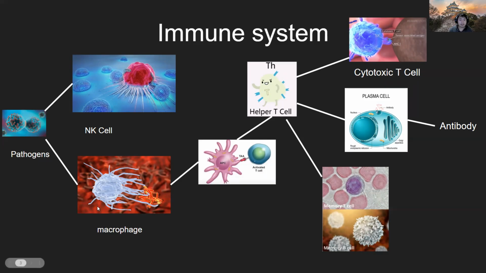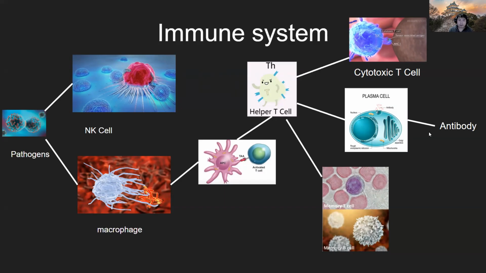Then our macrophage will eat it and pass the information to our T cell. And then our T cell will activate cytotoxic T cell to kill the pathogens, or it could activate the plasma cell to release antibody.